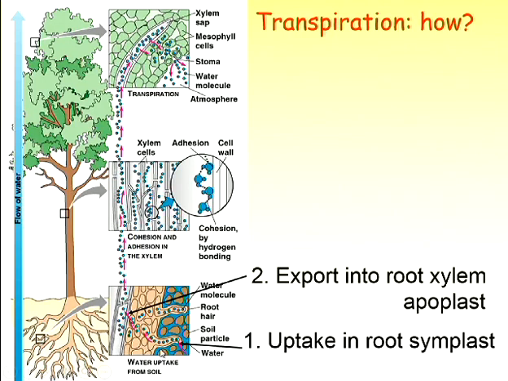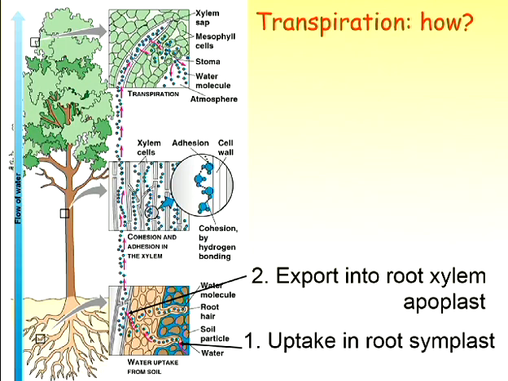So if we start right here, we have a root with the root hair. And then we have soil particles surrounded by soil water. The first step that a water molecule will have to take, if it's going to pass through the plant and into the air, is to get into the root.